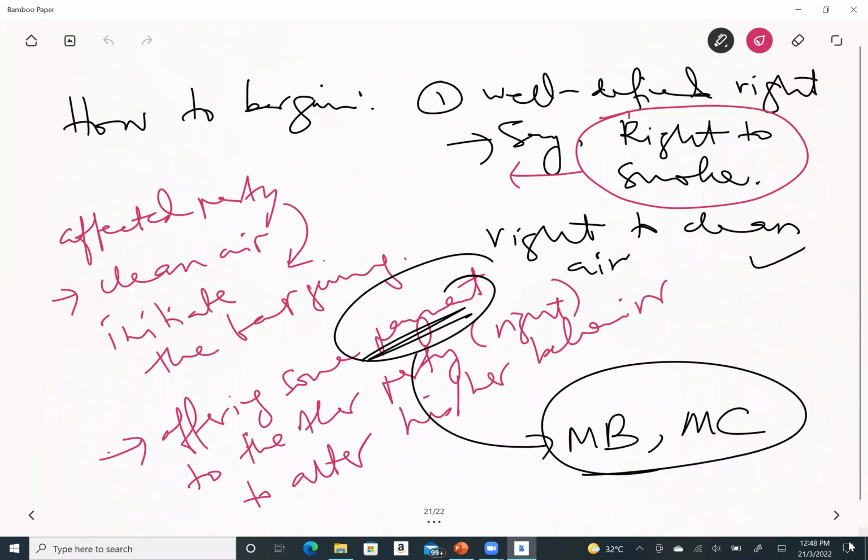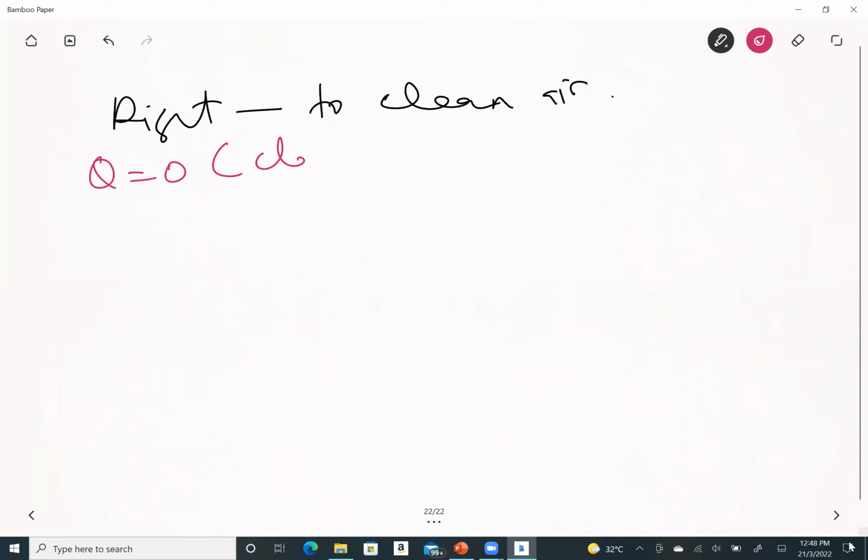If we work the other way around, with the right to clean air, here you start at Q equal to 0. The air is clean, no smoking at all. Now the bargaining will start.